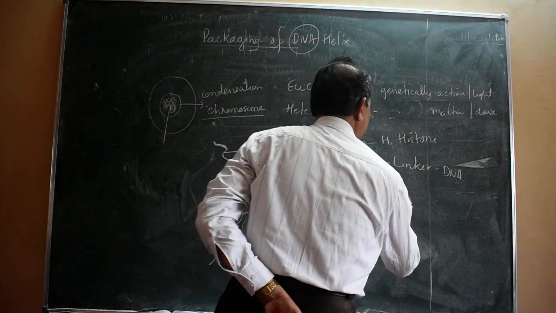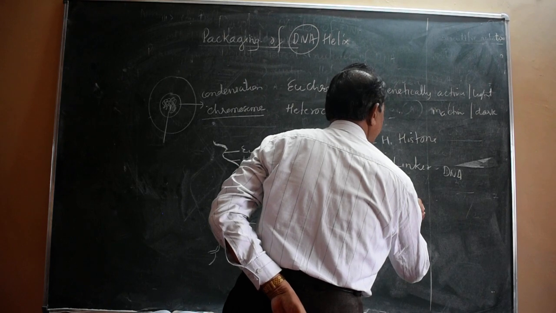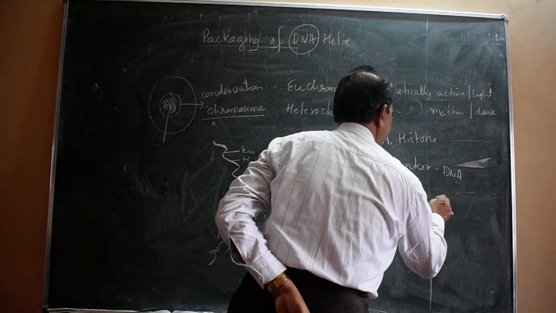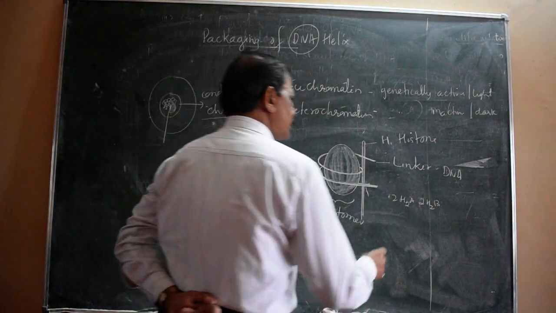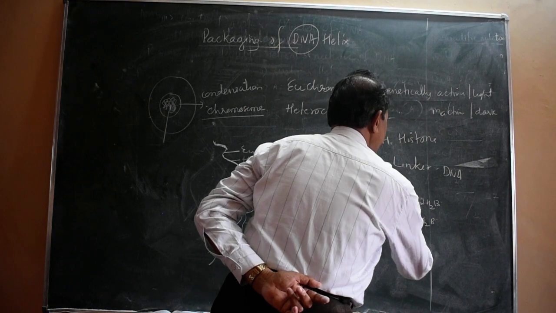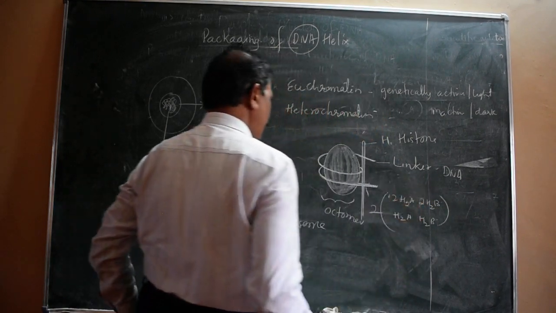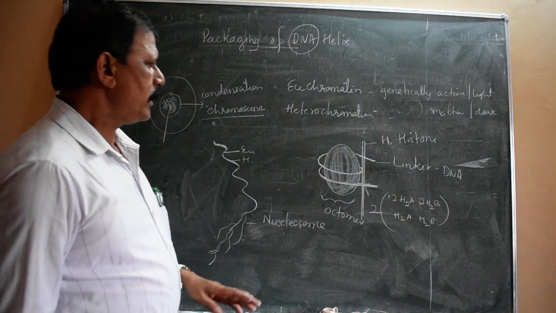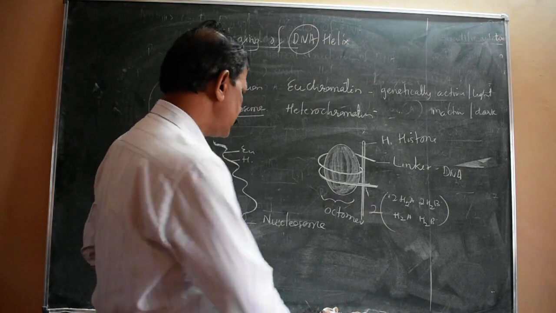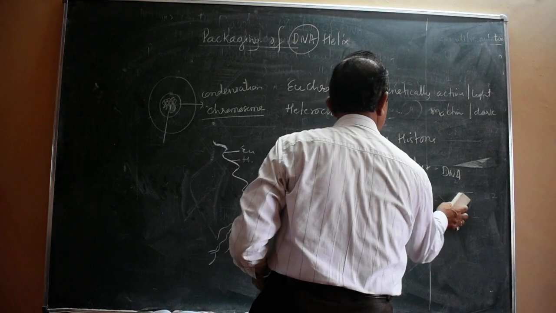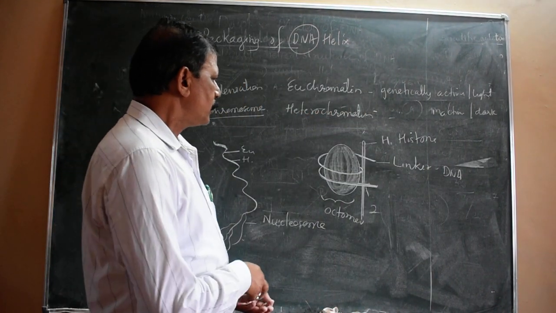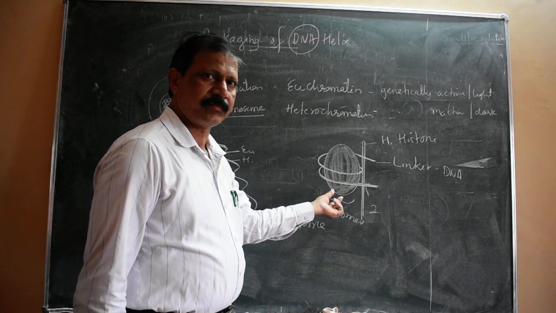That means 2 H2A, then 2 H2B, and like this, 2 molecules each. So totally 4 different types of histone are present, and these histone molecules are totally 8.